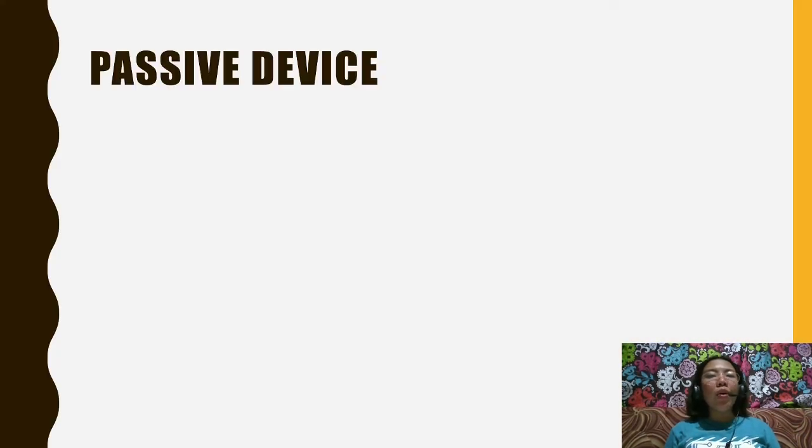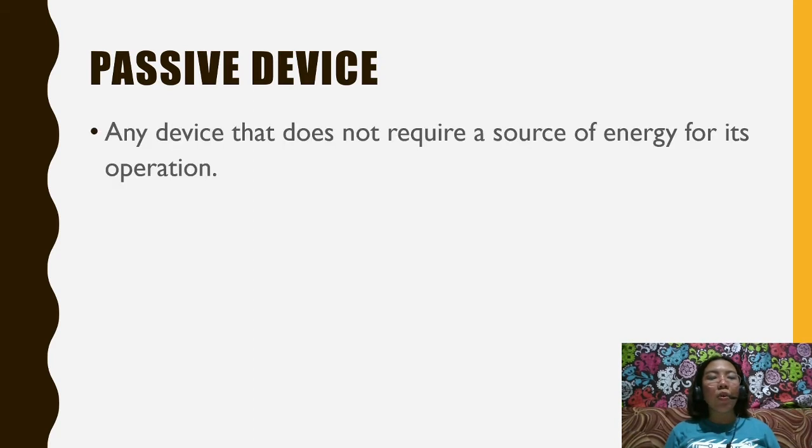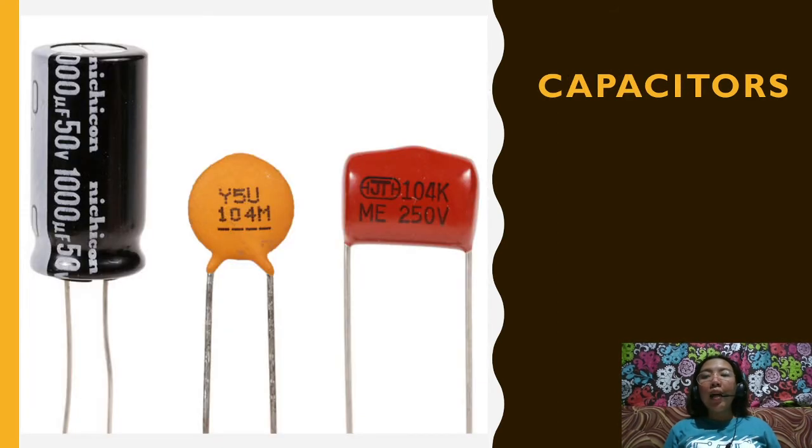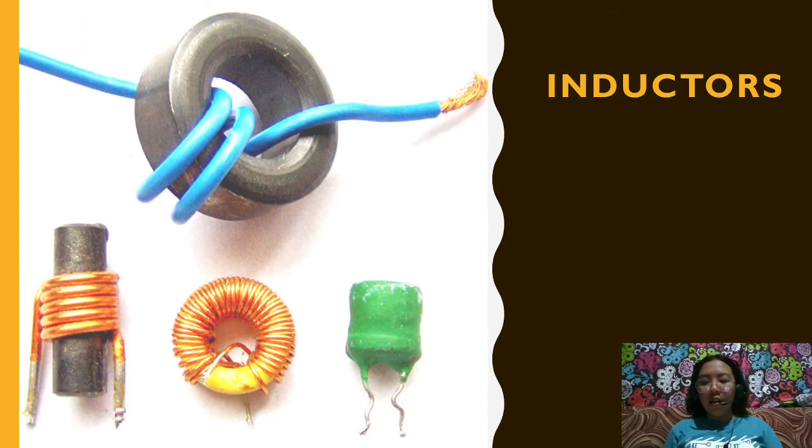Okay, so as opposed to the active device, we have the passive device. It is any device that does not require a source of energy for its operation. Examples are resistors, because resistors do not control the current flowing through a circuit, but only limit the current. And we also have the capacitors.